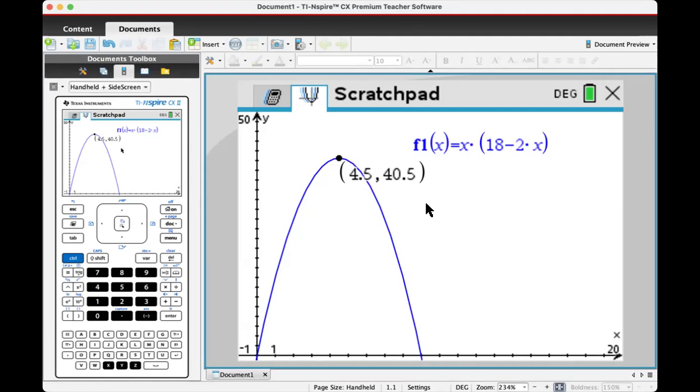So ultimately, this is the basics for all optimization questions in grade 9, which we're going to be doing, all right? You have to write it in terms of one variable, put it into the graphing calculator, and figure out where the maximum is, okay?